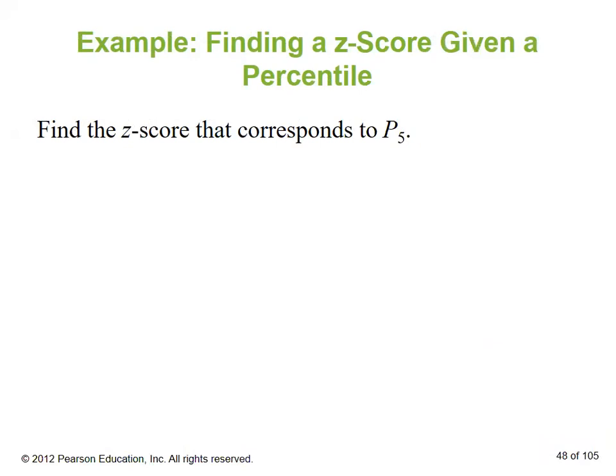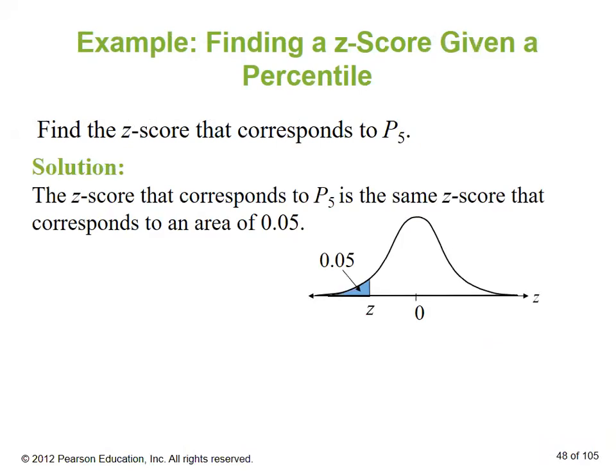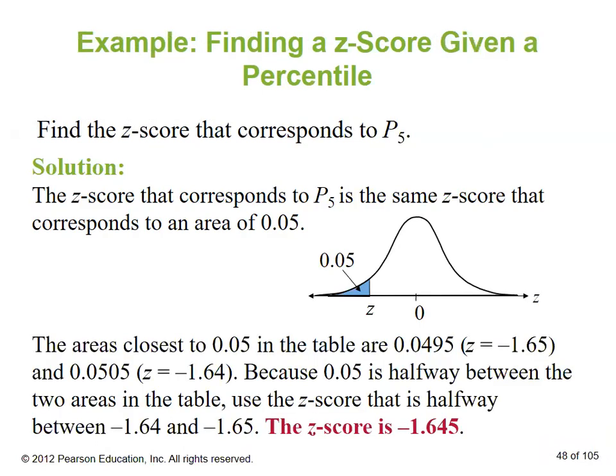So if I want to find the z-score that corresponds to the P sub 5, and by the way, there won't be any of these on the test, you just might see 1 or 2 in the homework. What that's telling us is we want the same z-score that would have an area of 0.05, because 5% would be the same as 0.05 as a decimal, okay? So that's what you would look up in the table.